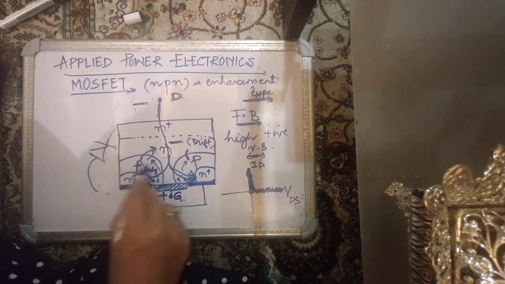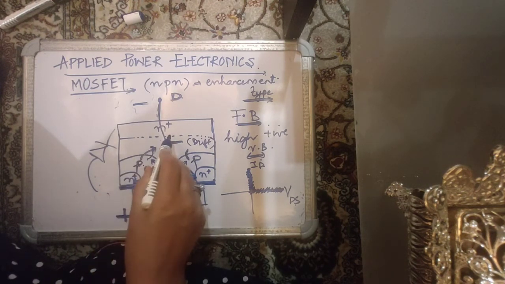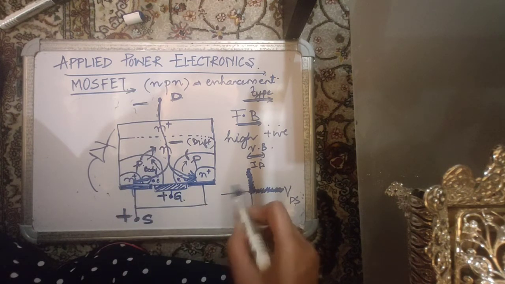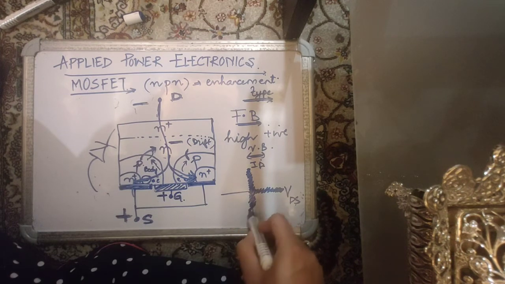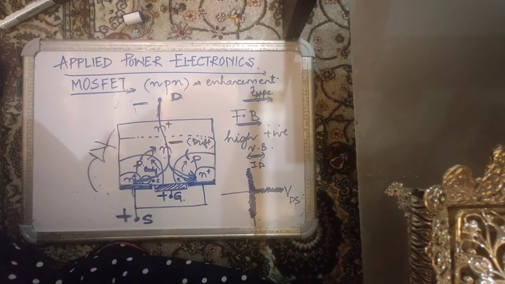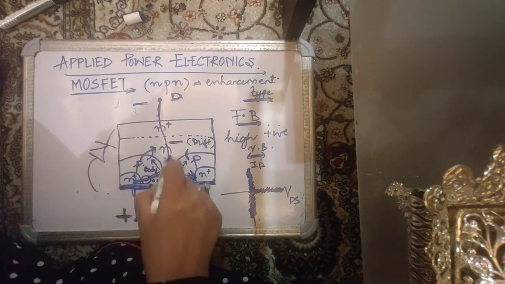So this diode will automatically go into conduction because it will get forward biased. So it does not have reverse blocking capability, but it does have reverse current carrying capability, because once you give it a reverse voltage, it will start carrying current in the reverse direction through this path, through this PN junction.